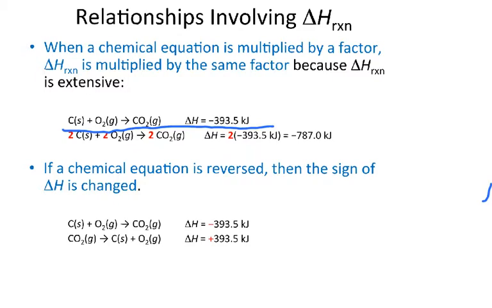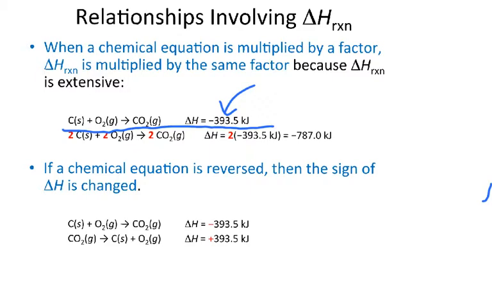You have an enthalpy here of negative 393.5 kilojoules. This means that this much heat energy is released during the course of this reaction. It's an exothermic process.